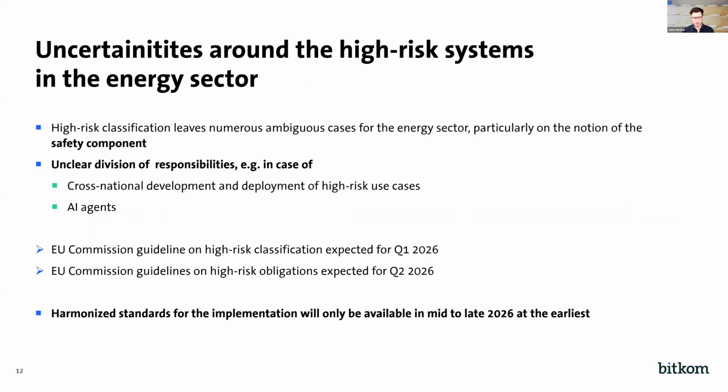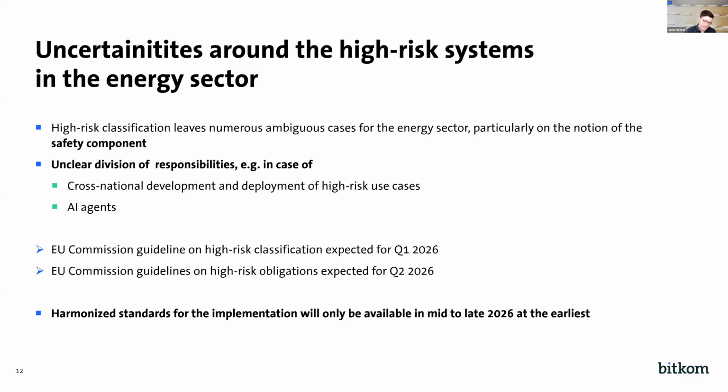So I think there are just uncertainties in general around high-risk systems in the energy sector as in many other sectors. I think in the energy sector, what particularly troubles companies is this notion of the safety component, as I already mentioned, right? What really counts as a safety component?